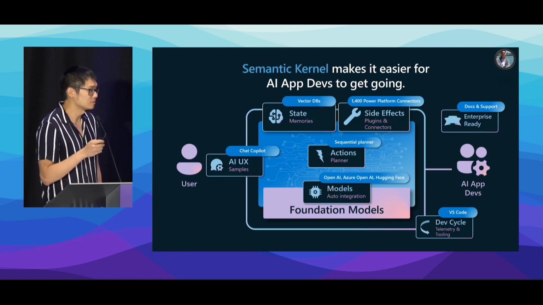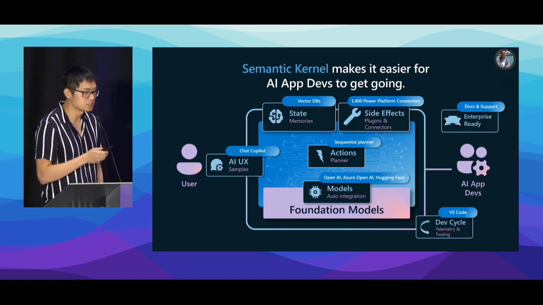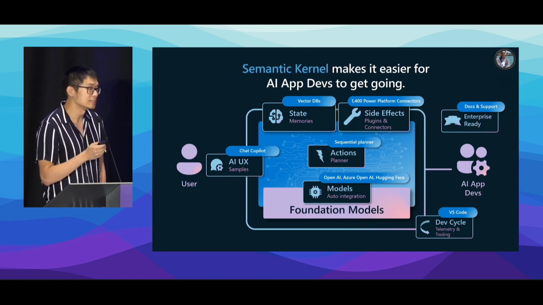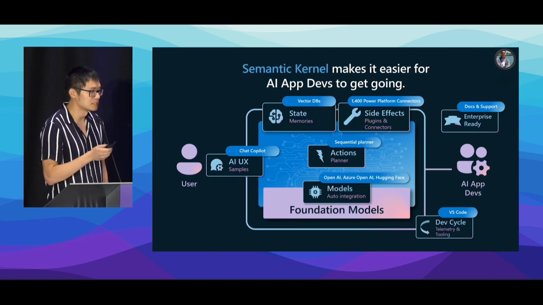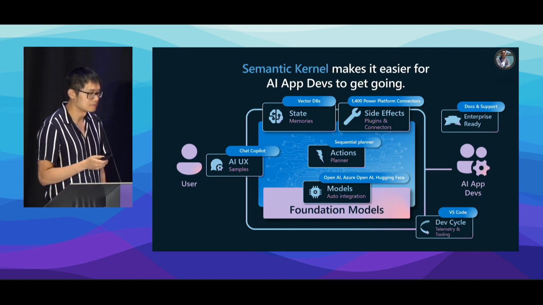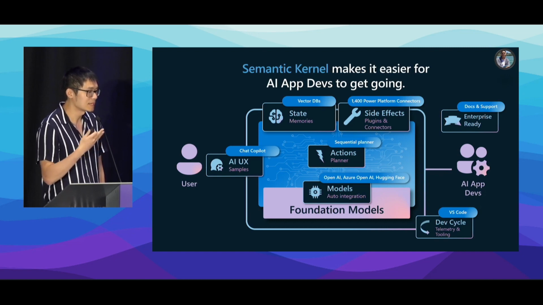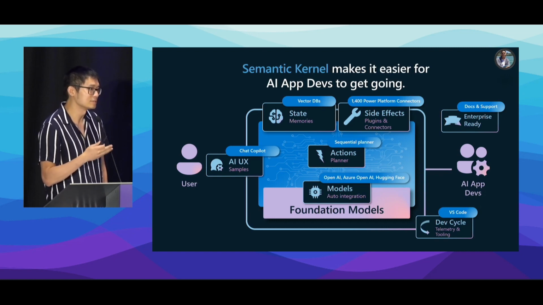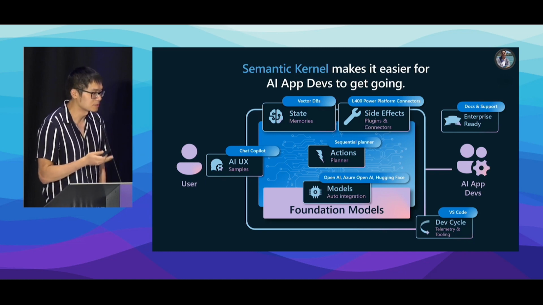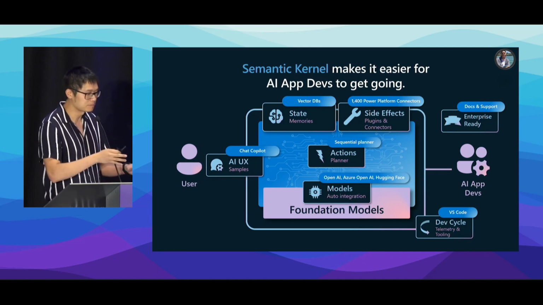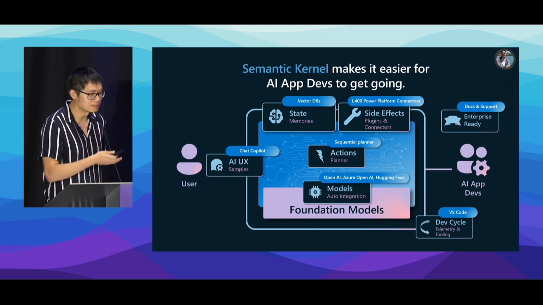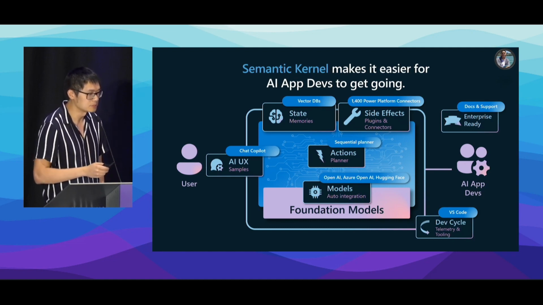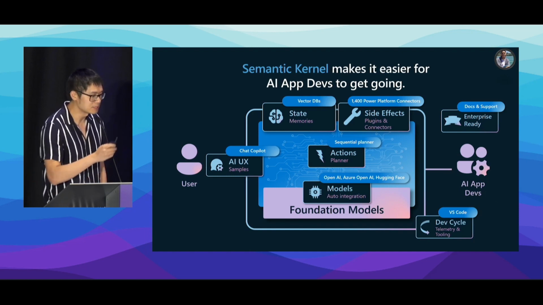GPT-4 really showed off, in particular, its reasoning capabilities to be able to take a user's intent or user's ask or question and express or show off the steps needed to complete that goal or that ask. So we call that planning, it's wrapped into these abstractions called planners, of which there are multiple versions. And all this is built on top of foundation models.